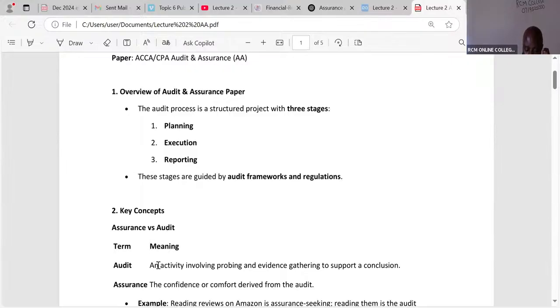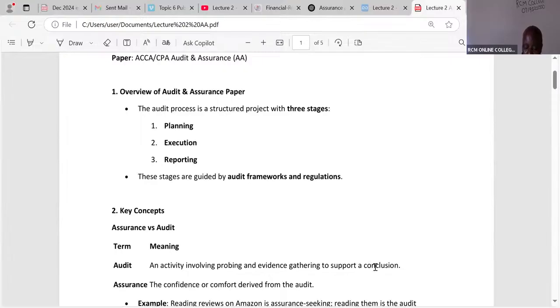In this case, the meaning: audit is an activity involving probing. Probing means asking intense questions and gathering evidence to support a conclusion. We are gathering evidence for us to be able to support a conclusion. In all cases, audit is normally done over financial statements.